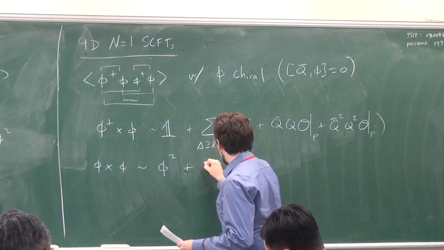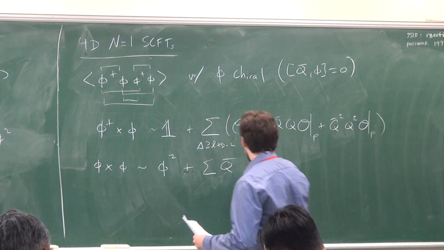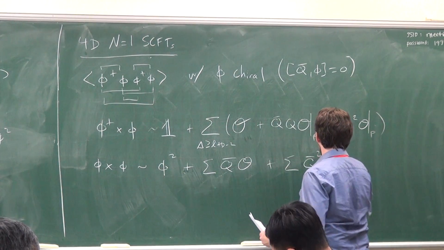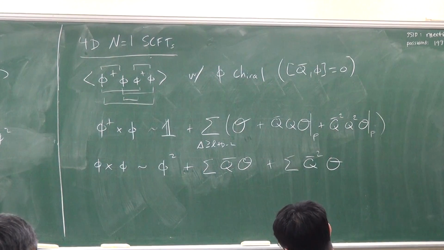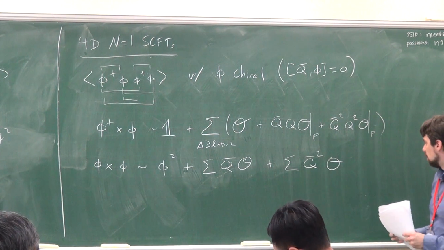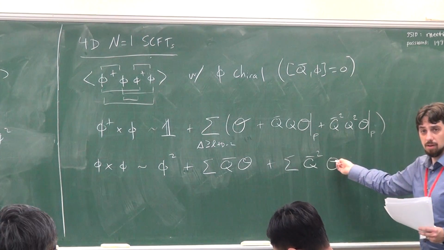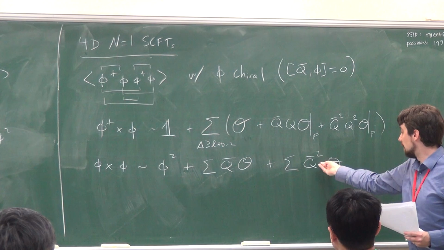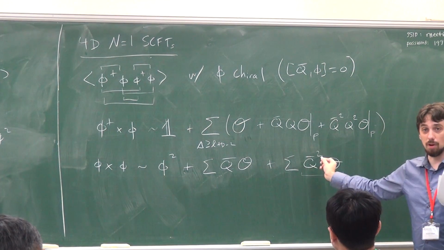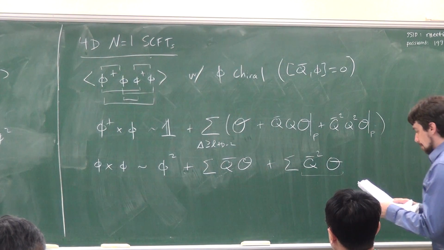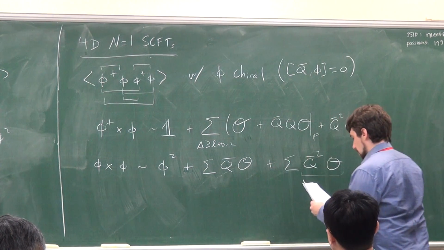And actually, there are different types of operators that satisfy this property. So, for example, if I have some non-chiral operator O, and I take its Q bar squared descendant, then this is annihilated by Q bar, because Q bar cubed is 0.